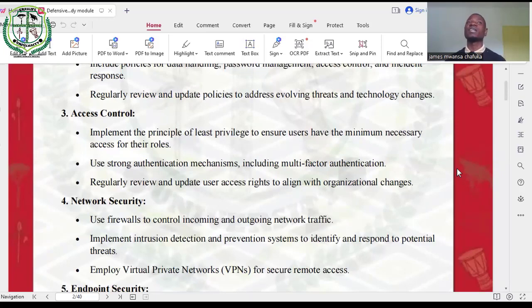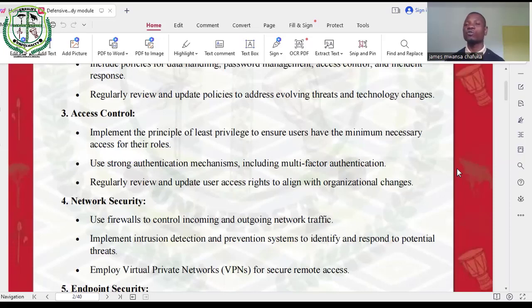Now, remember, we are still looking at access control. Here we are saying to use strong authentication mechanisms. If you emphasize the point of using strong authentication, authentication comes with the aspect of passwords. So it is very important to use a strong password.